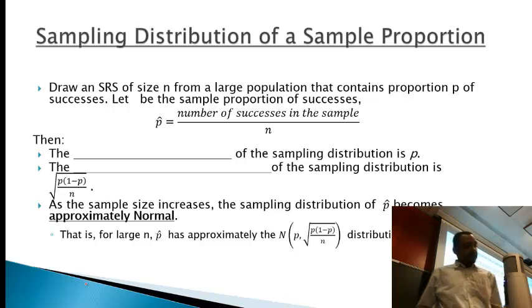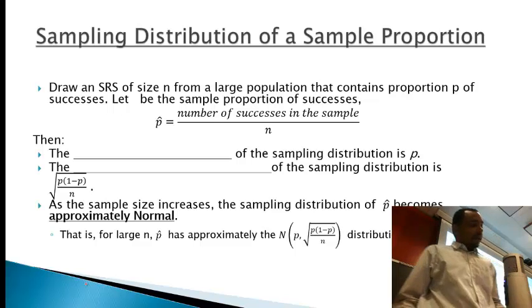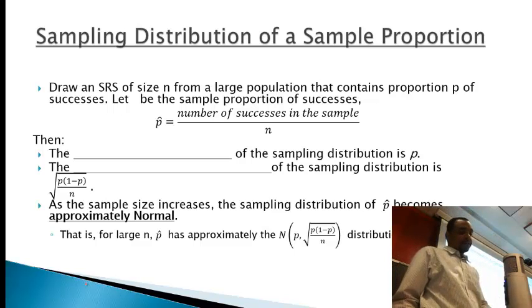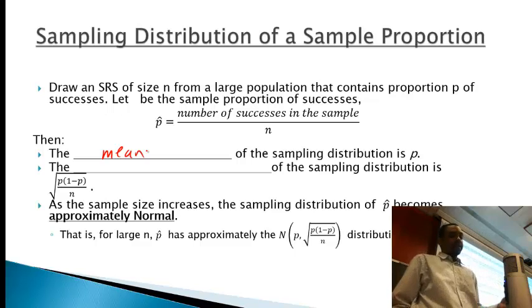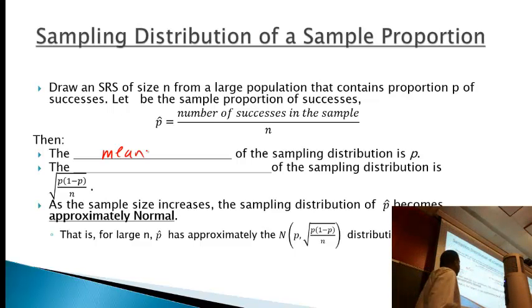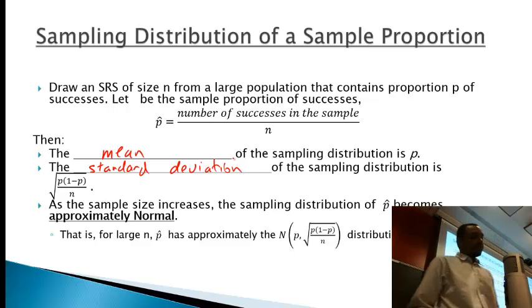Okay, so here we go. A random sample of size n from a population, that's p hat. We got that. And then very straightforward, the mean of the sampling distribution is just p. That's what you expect it to be. And then the standard deviation is going to be that character.